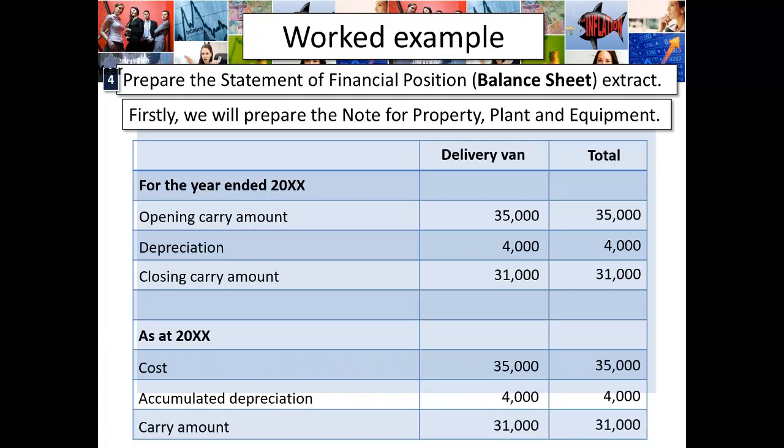Then we've got the cost price, accumulated depreciation, and the carrying amount. So in the first year, those two parts of our balance sheet extract look exactly the same. This will change as the life of the asset continues.